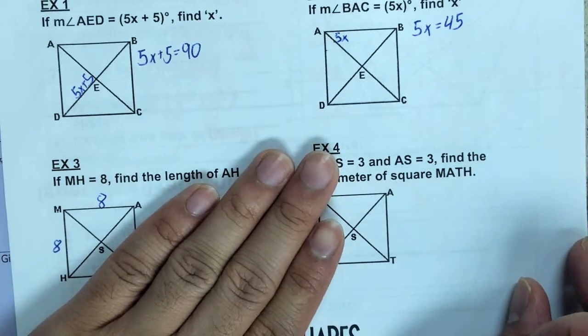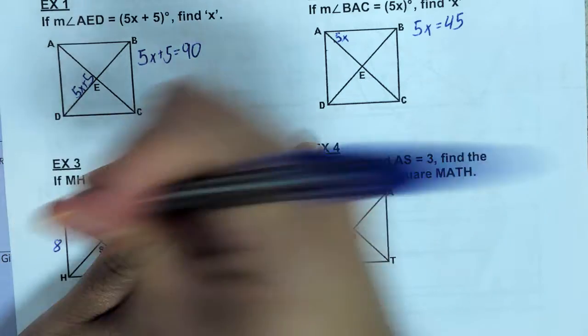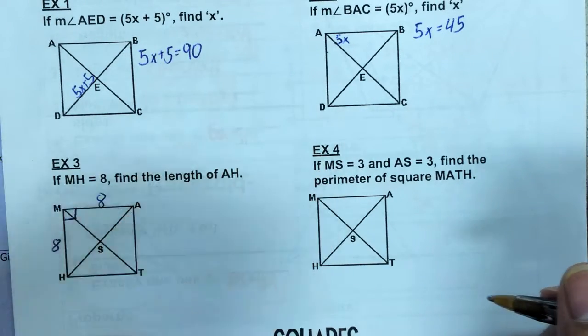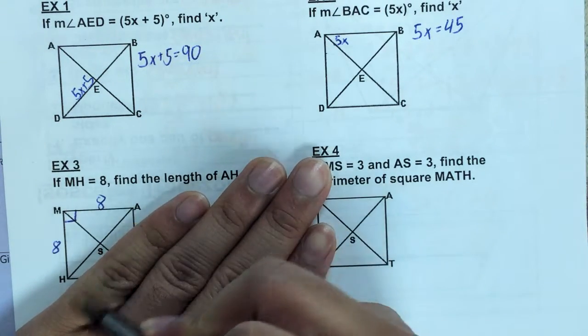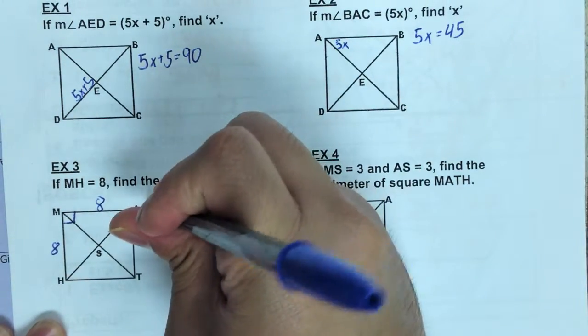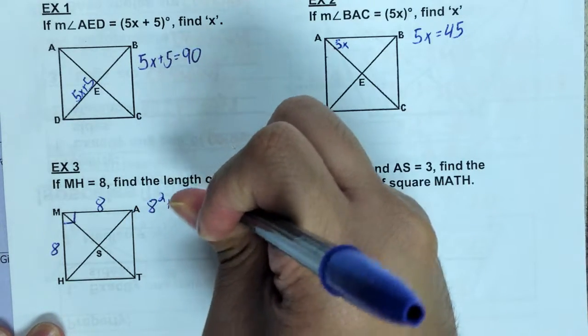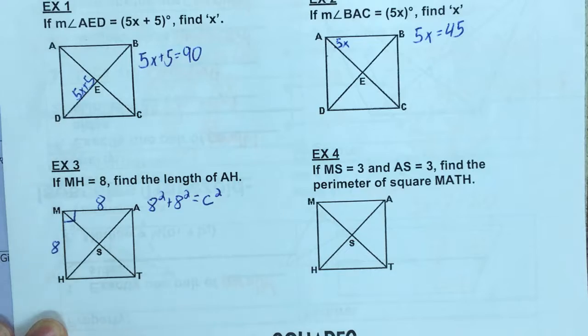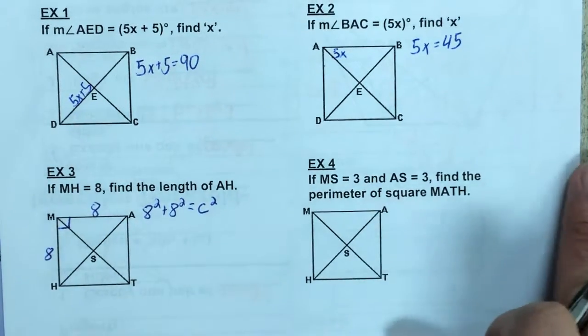And then from here, we have a triangle. More specifically, we know this is a right angle. That's a right triangle. And in a right triangle, to find AH, which is now the hypotenuse, the Pythagorean theorem is at work here. 8 squared plus 8 squared equals this hypotenuse c squared.